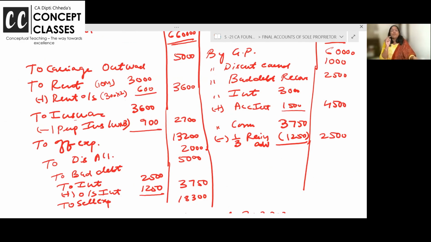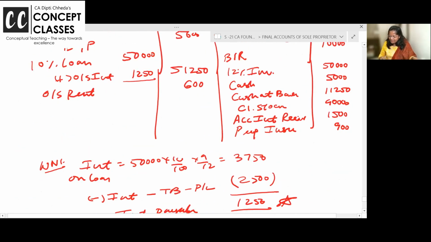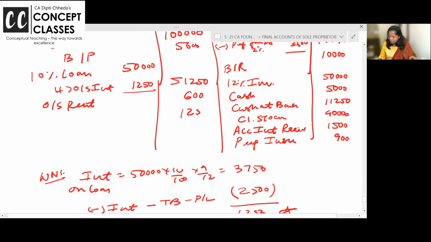1/3 commission is received in advance. If income is for the year, credit it in the P&L account. If next year's income is received now, credit it in the liability. 1,250, commission received in advance. The reason I took up this jumbo problem is that the whole final accounts chapter is covered. That's why I always do this last. Each and every adjustment of final accounts I have studied is covered.